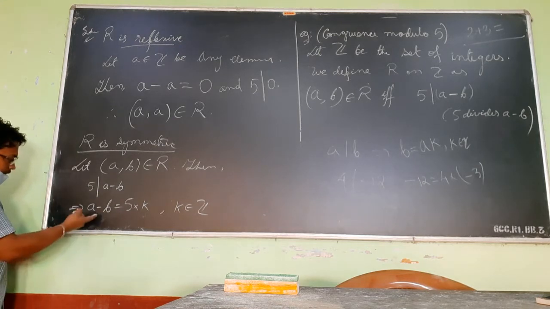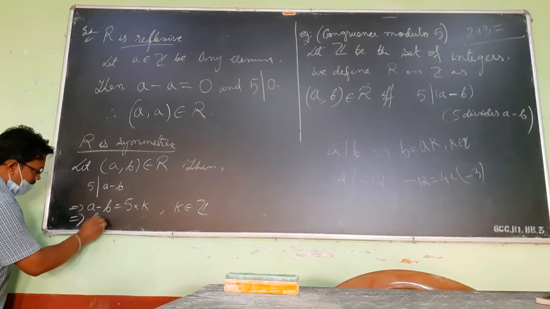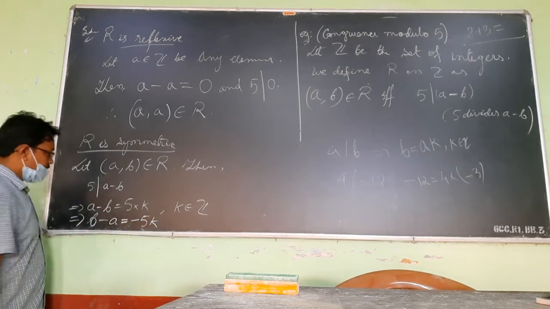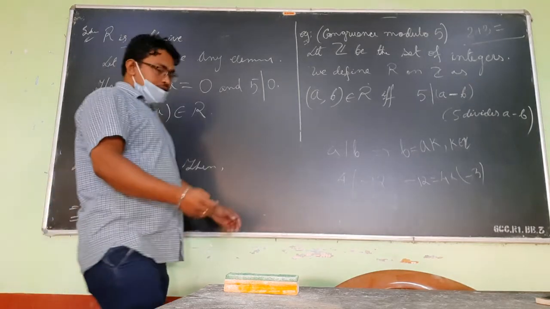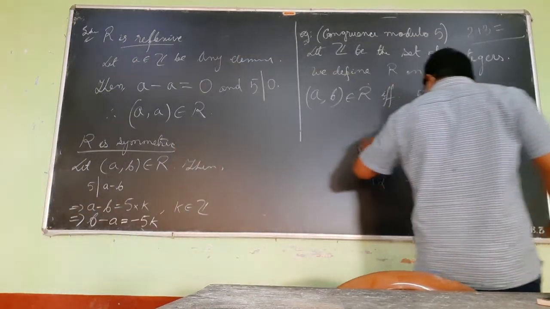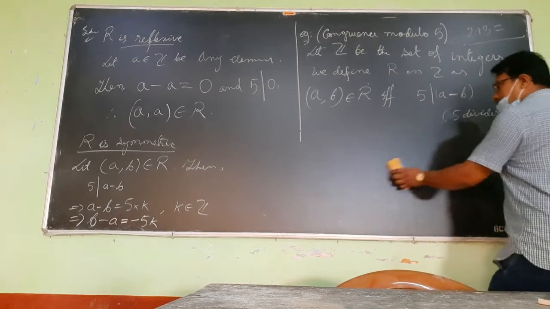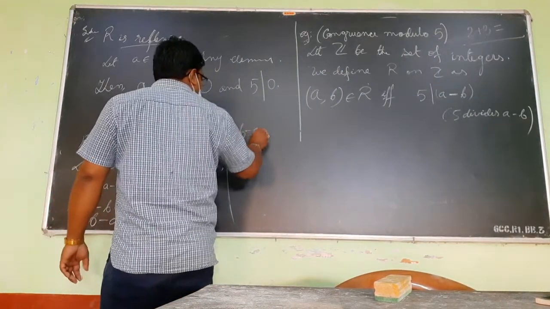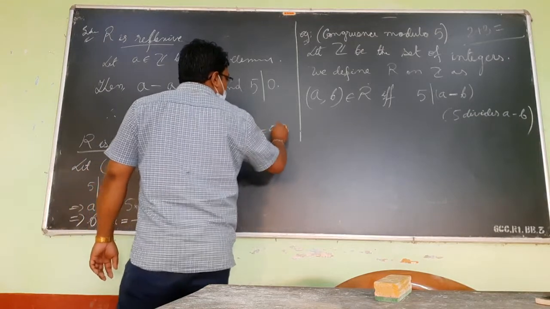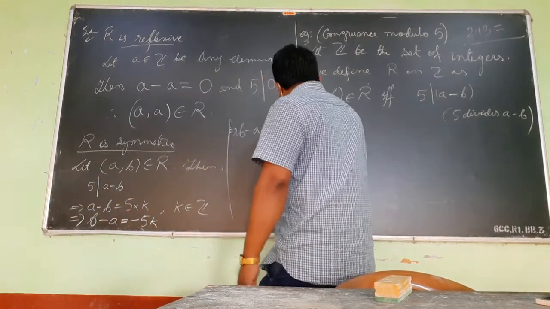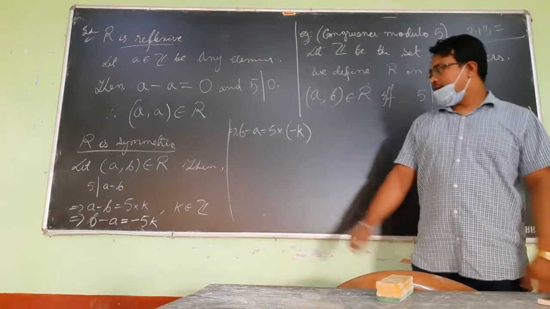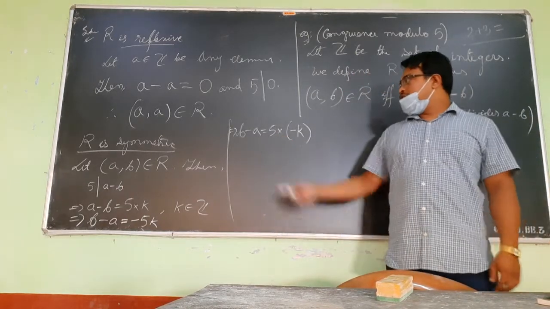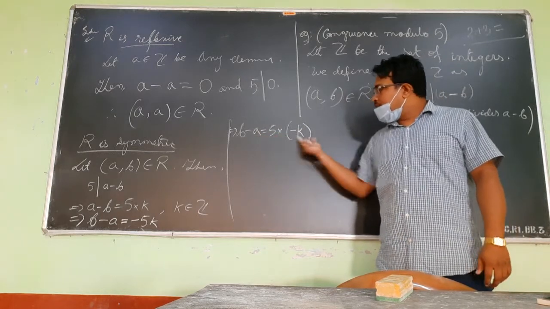So if I change the order, B minus A will be minus 5K. I can write B minus A as 5 into minus K. So B minus A is also 5 into some integer.